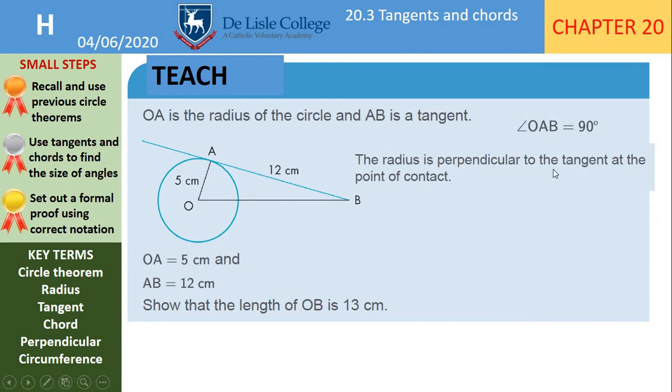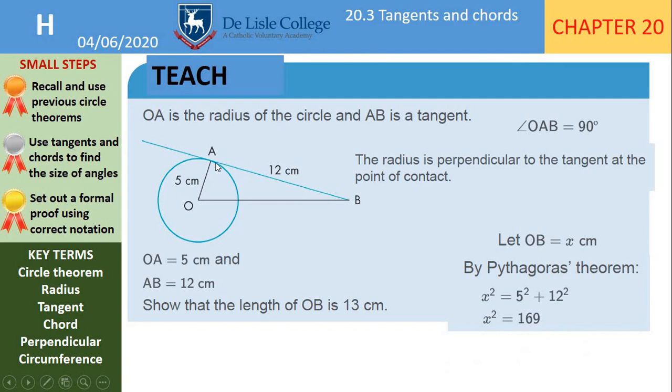So the radius is perpendicular to the tangent at the point of contact. So if OB equals x, because this is a right angled triangle, we can use Pythagoras' theorem. So 5 squared, remember the two shorter sides squared and added together equal the longer side squared. So 5 squared plus 12 squared equals 169, and then taking the square root gives me that OB is equal to 13 centimetres.